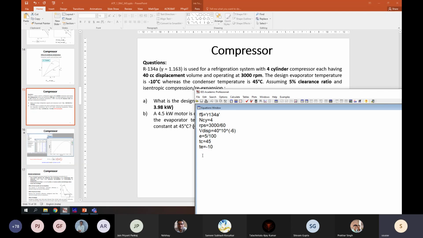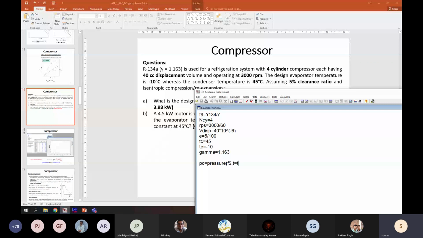Let's get the volumetric efficiency. What is the expression? Yes, 1.163. Condensing pressure. Okay.